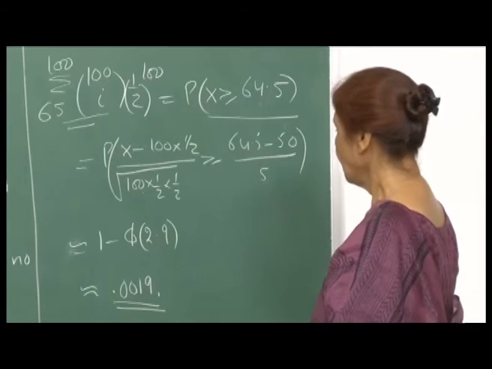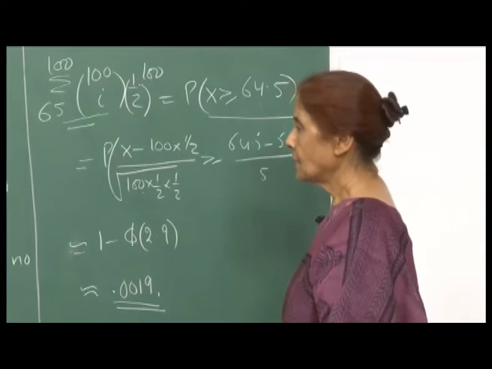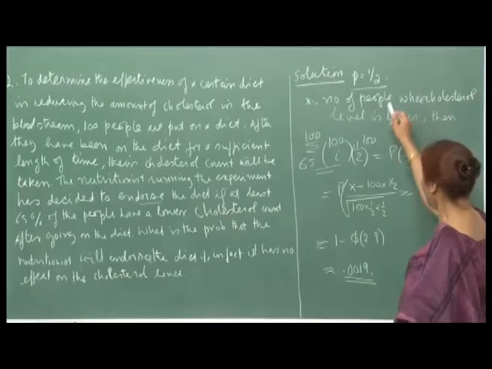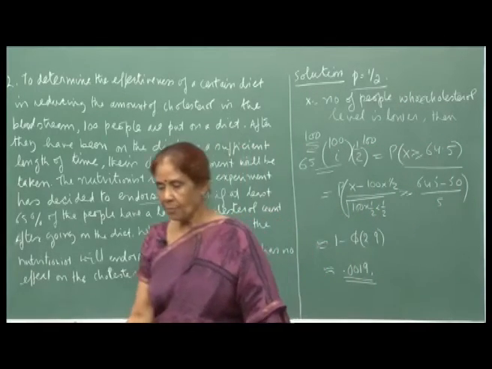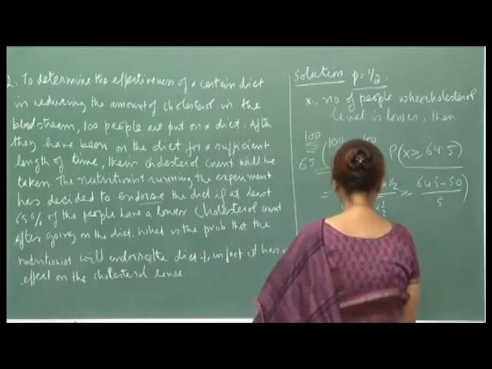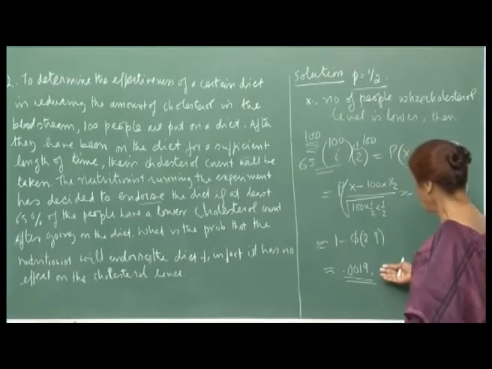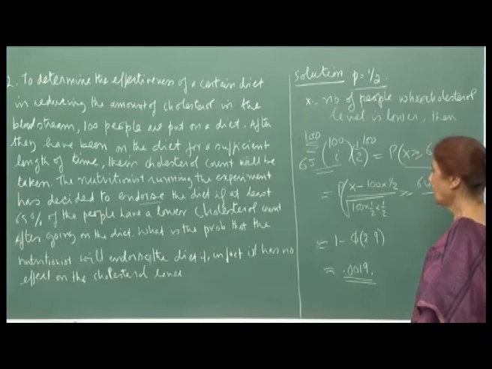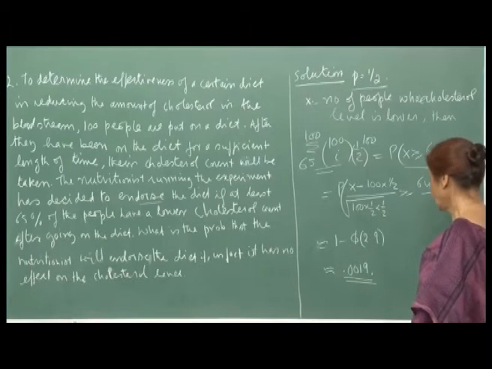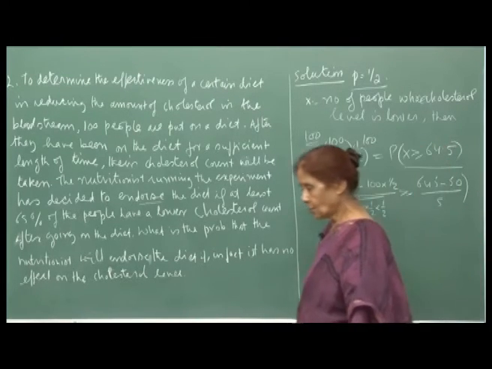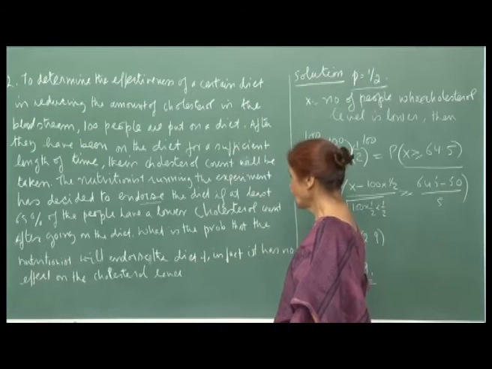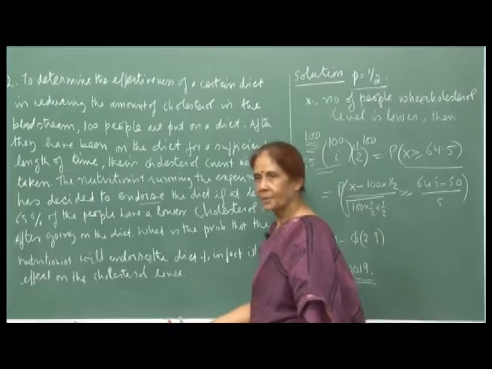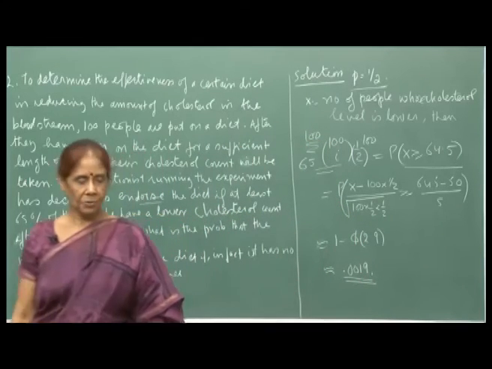Which is very small, and therefore, the chance that with p as half, 65 people out of these 100 will have their cholesterol lowered is very low, and therefore, the diet will not get endorsed. Because, as we said, the diet probably has no effect on the cholesterol level, it does not get endorsed. So, no loss, nobody is lost.